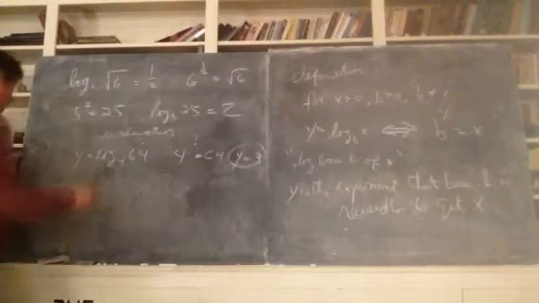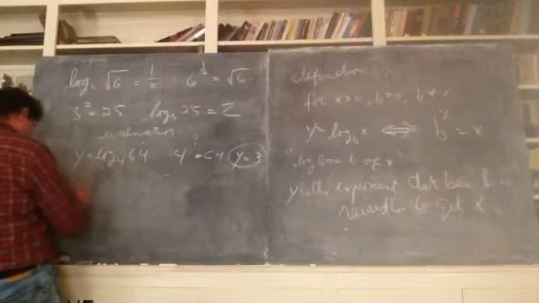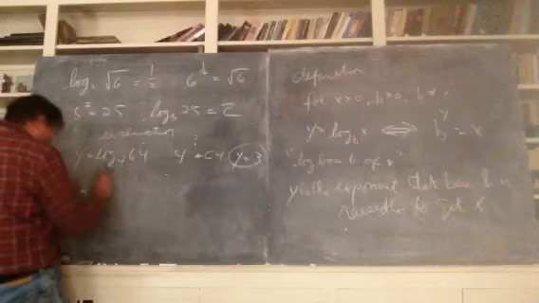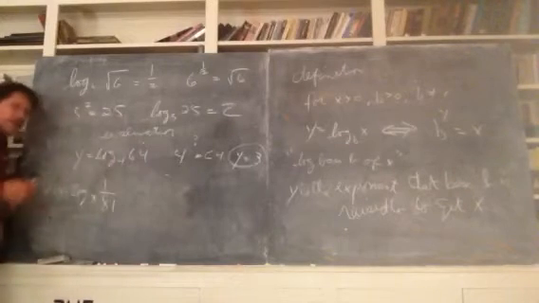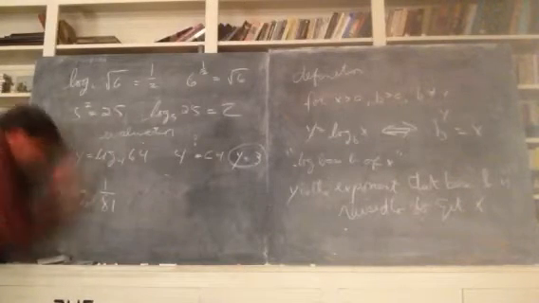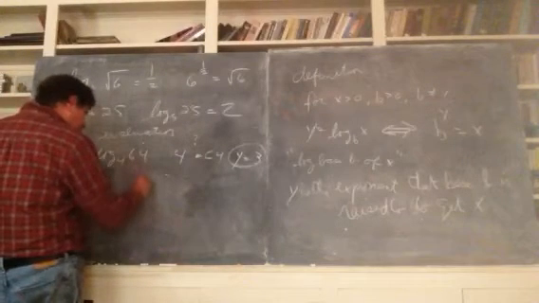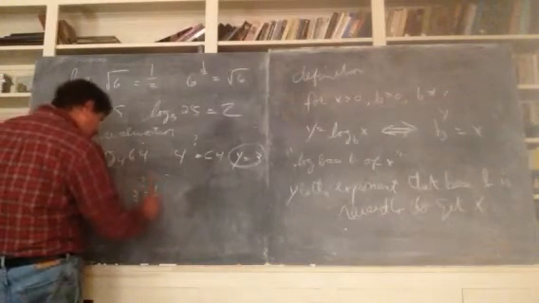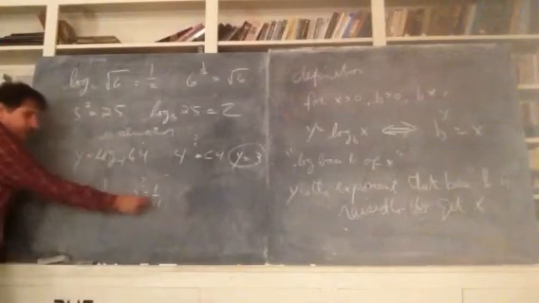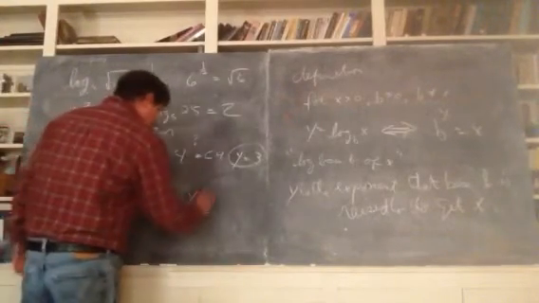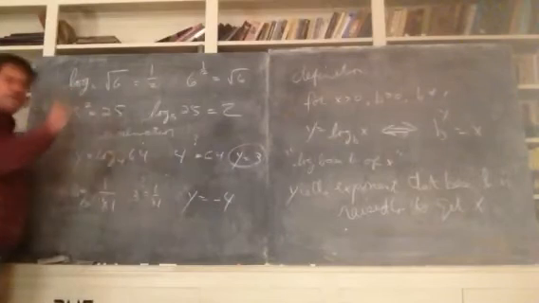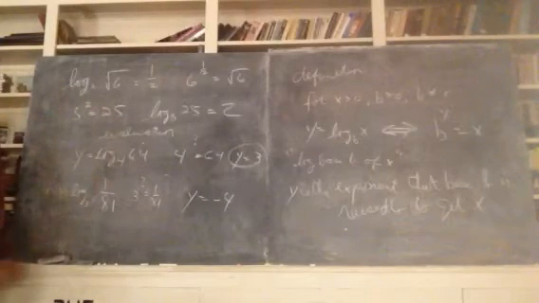And let's do this: y is log base 3 of 1/81. Log base 3 of 1/81 means 3 to what power is 1/81? That's negative 4. 3 to the negative 4 power is 1/81.